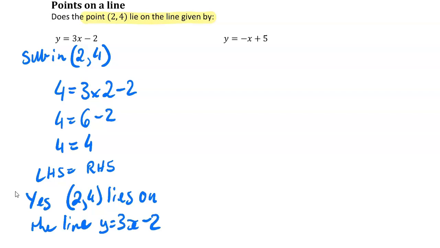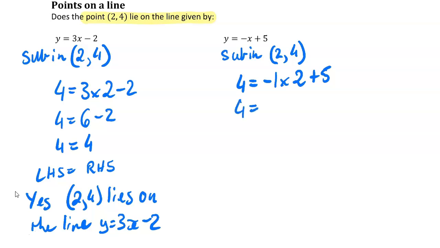Okay, so now I've got y equals -x plus 5. So I'm going to sub in 2, 4. Okay, so 4 equals -1, I'll just write it in for now, times by 2, plus 5, because remember that negative in front of the x means -1 times by x.